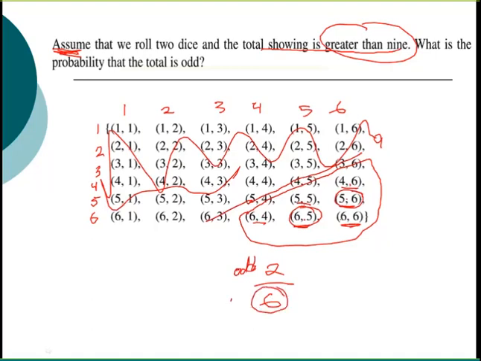So this is the total given, okay? And so that reduces to 1/3. In other words, a 33% chance of getting odd given greater than 9.